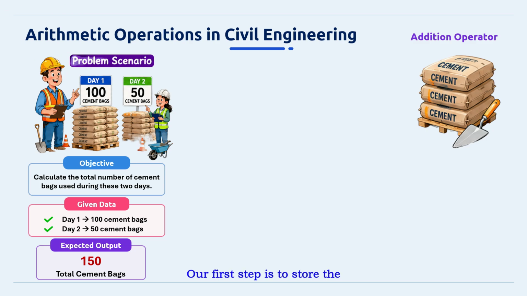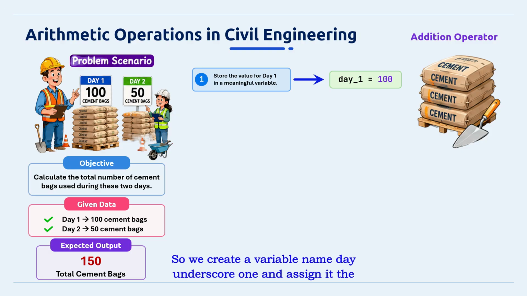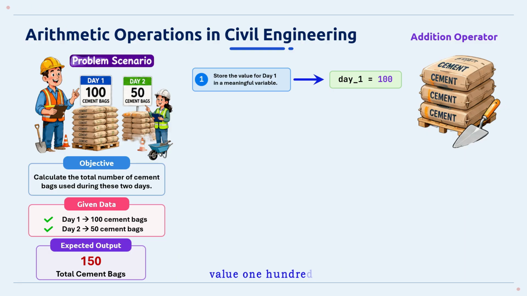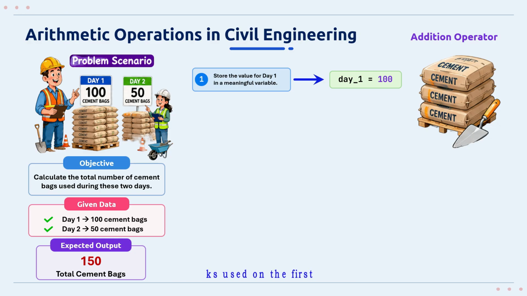Our first step is to store the number of cement bags used on day 1. So we create a variable named day_1 and assign it the value 100. Notice that the variable name is meaningful. Just by looking at it, we can easily understand that it represents the number of cement bags used on the first day.